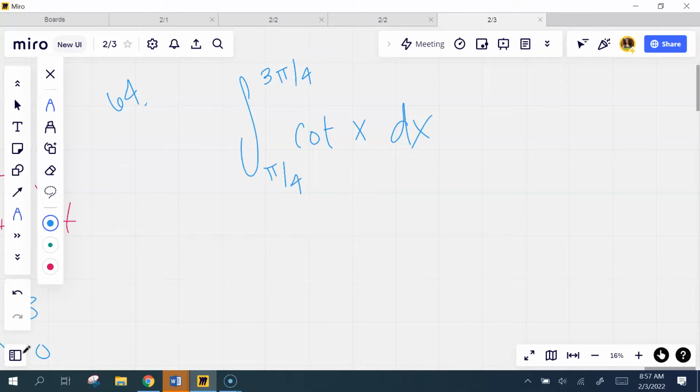I don't. Okay, I would have never known that. Which one has a derivative of cotangent x? None of them, do they? None of them have an integral.